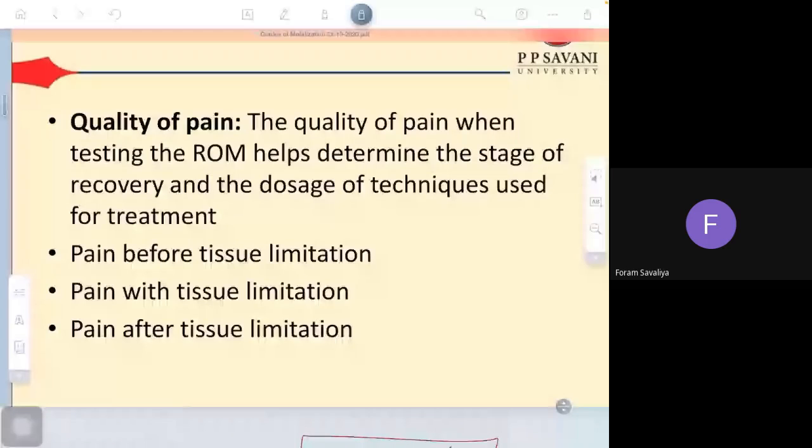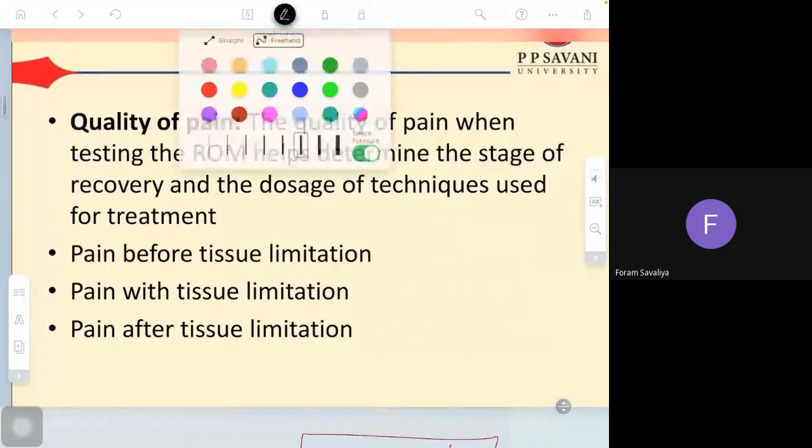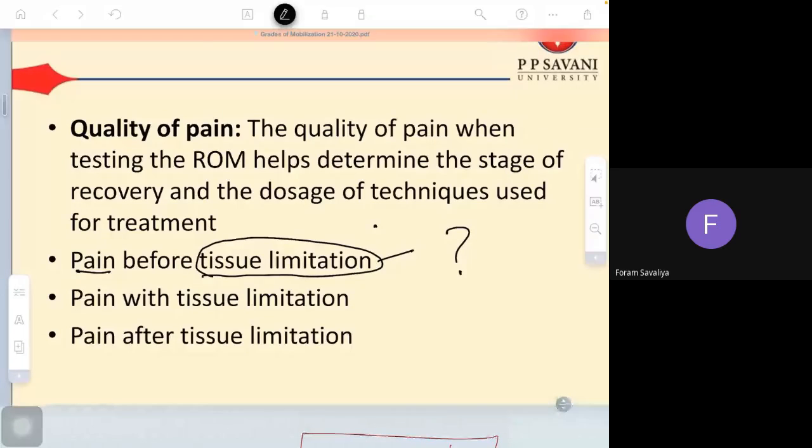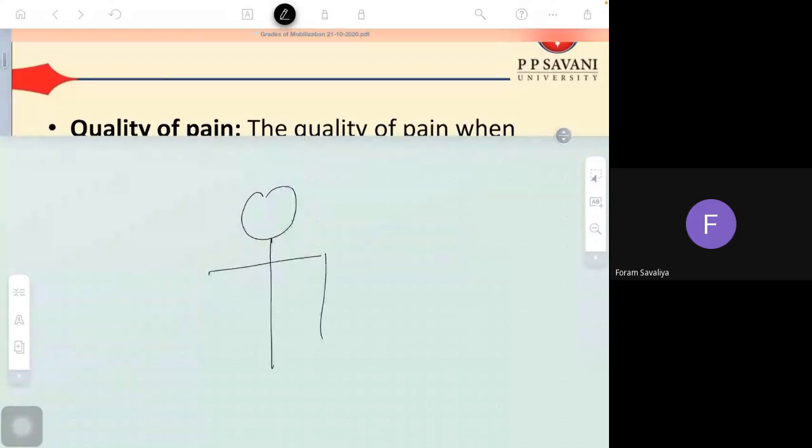Clear? For example, tissue limitation: in the first point I had explained pain before tissue limitation. So what does it exactly mean? Tissue limitation is, suppose the patient is having abduction, the normal full range of motion is 180 degrees for shoulder abduction.